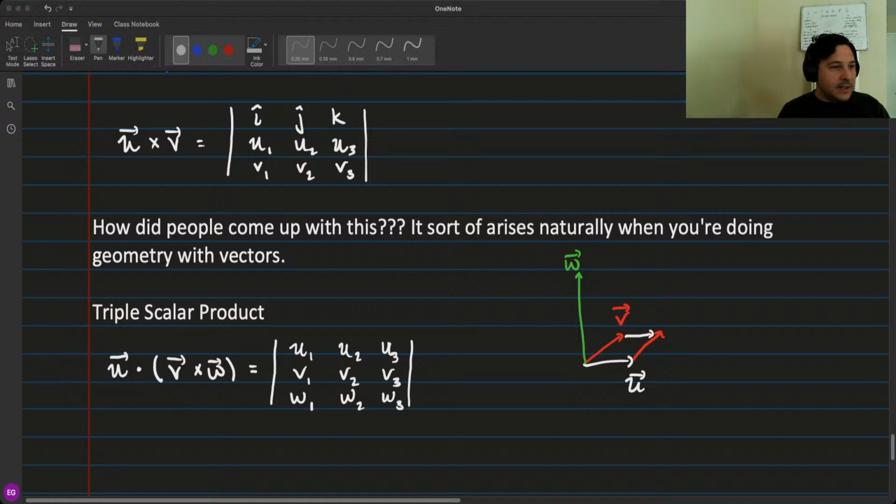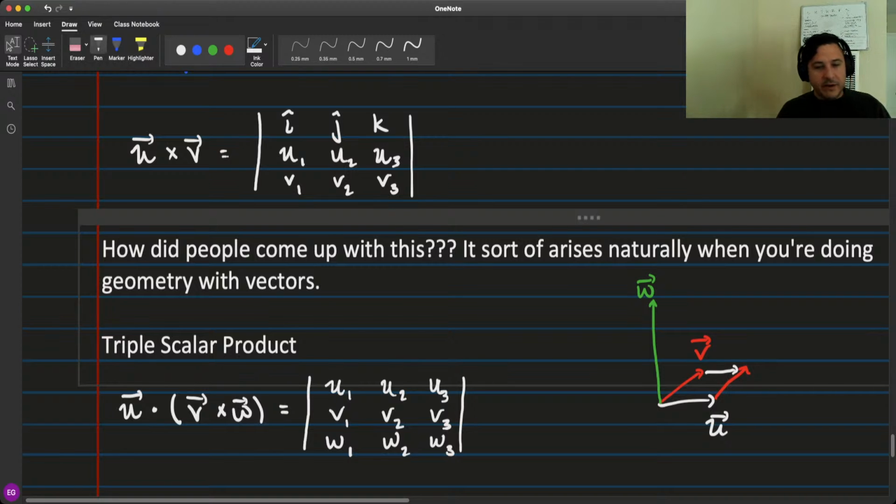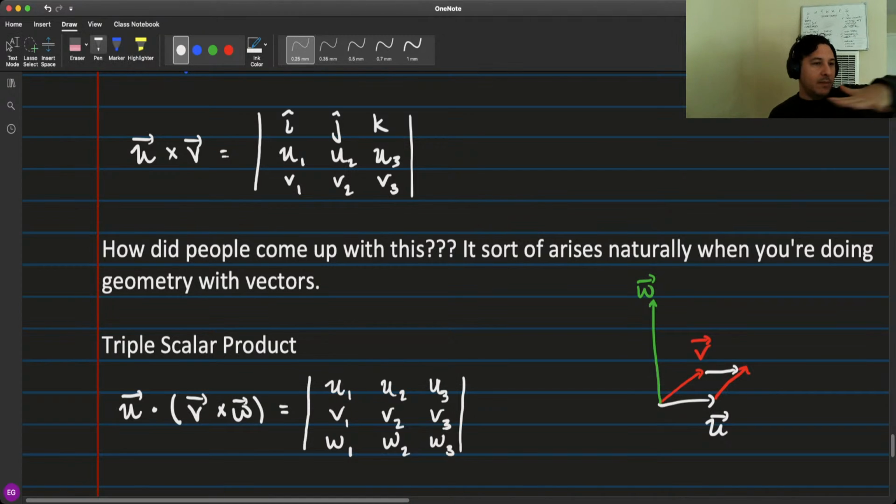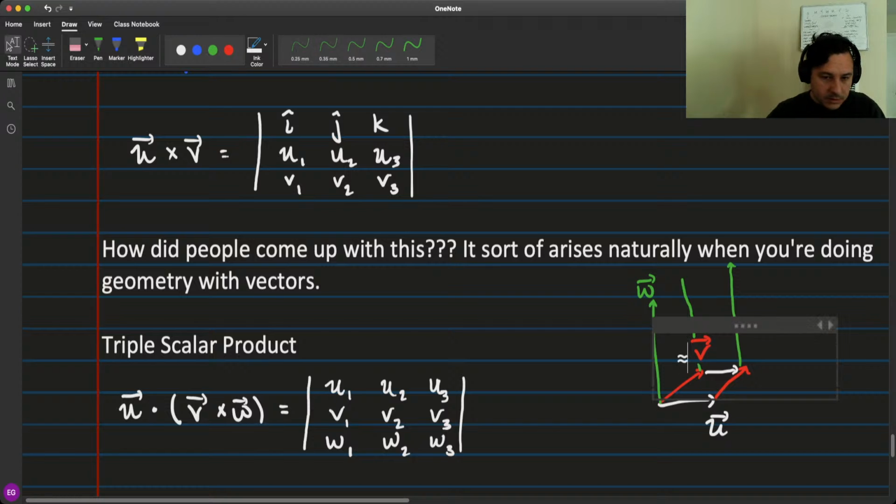Okay, can you sort of see? Let me zoom in a little. Does everyone see how u and v form my xy plane? And then I could put a copy of w on each of the corners. Okay, I'm having a hard time drawing. One second. You could put a copy of w on each of the corners.